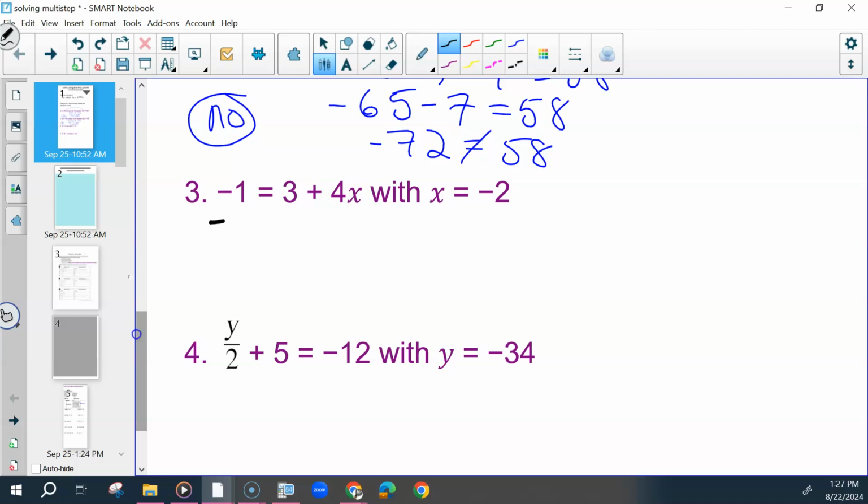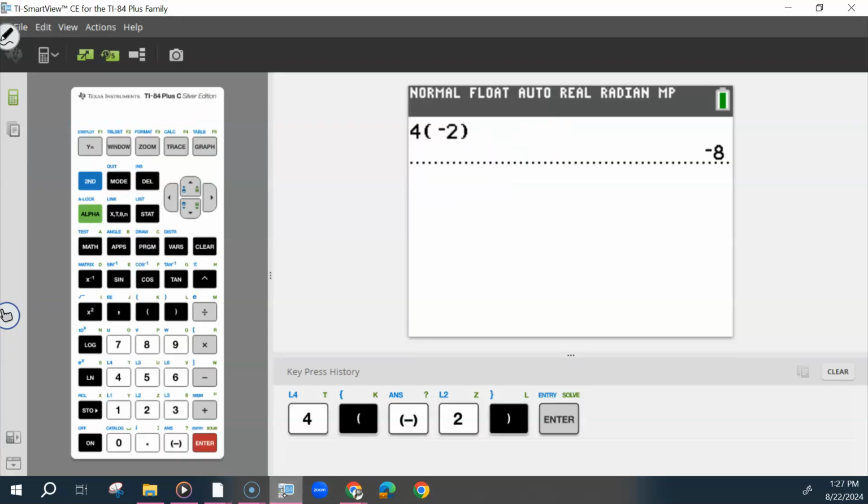Alright, so for this one, I'm just going to rewrite everything that's there and then put parentheses around -2. Get rid of the x. And then order of operations, do multiplication first. And this is what I was saying, when you have a negative number, use this instead of the minus, because you'll start getting errors in your calculator, you know that.